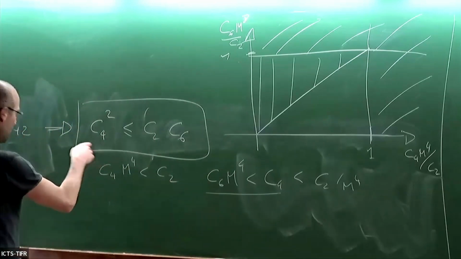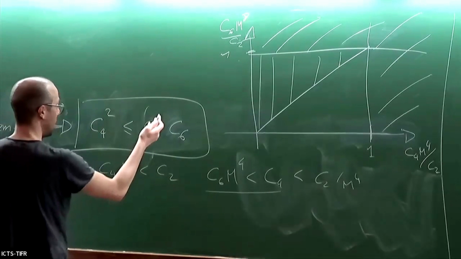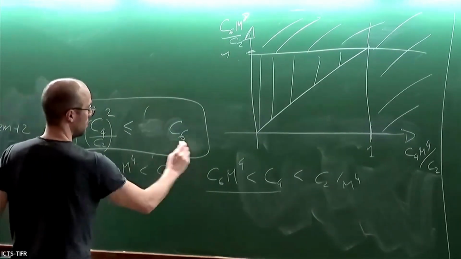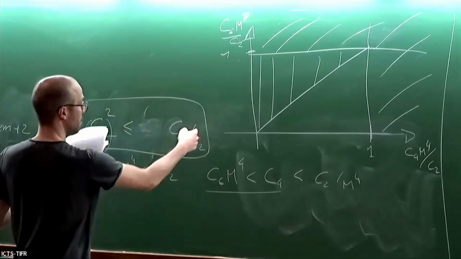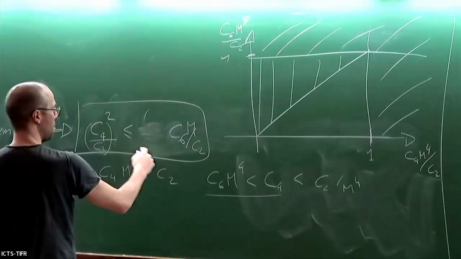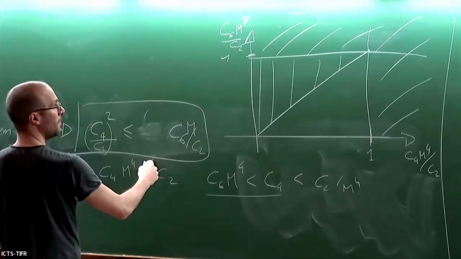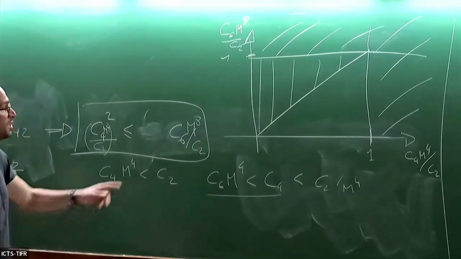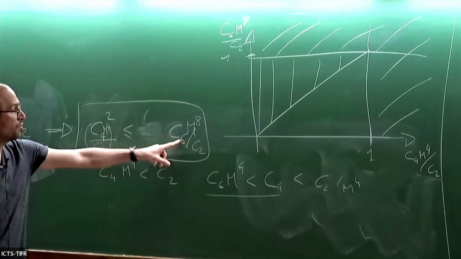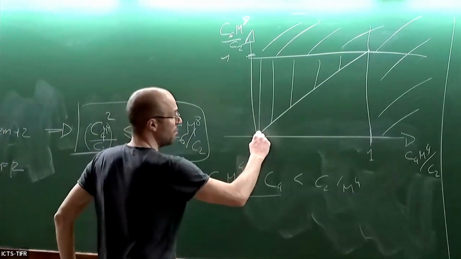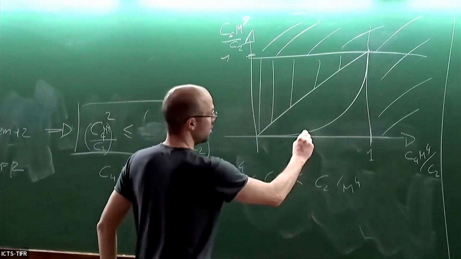If you divide both sides by C2 squared, and you plug the m^4 here, you multiply by m^8, you recognize that this is saying that this combination of C6 has to be above a certain parabola. Has to be above the parabola. This is gone.